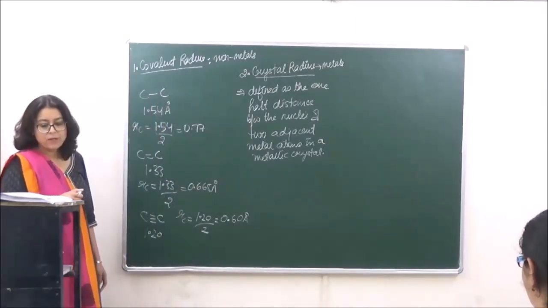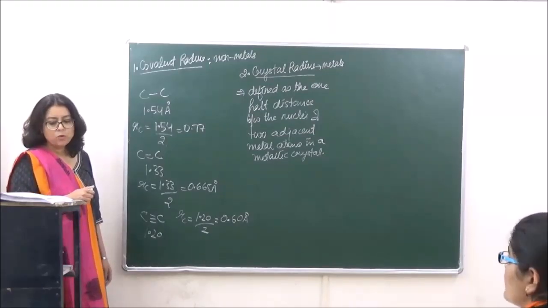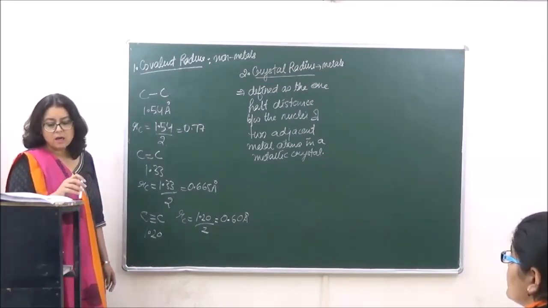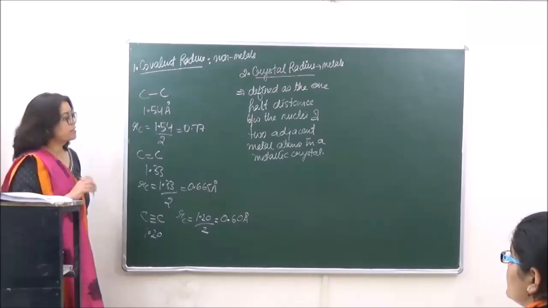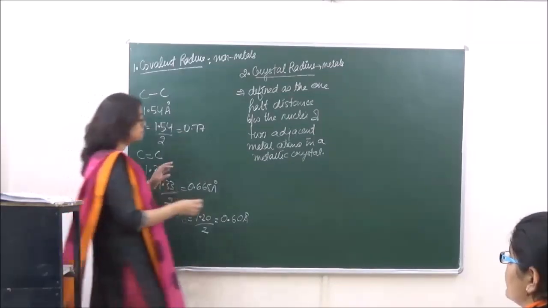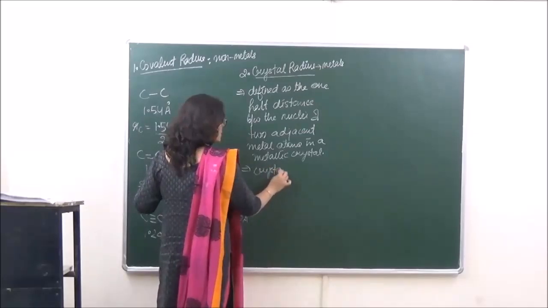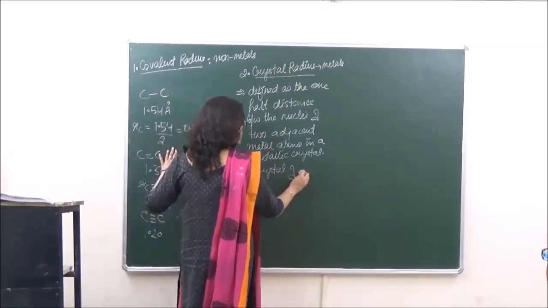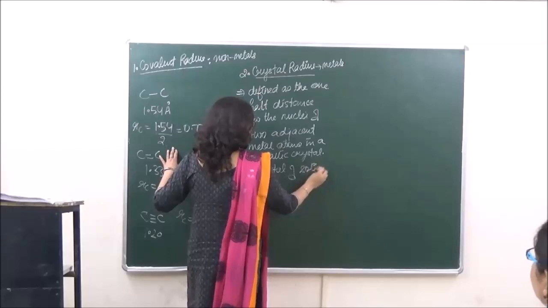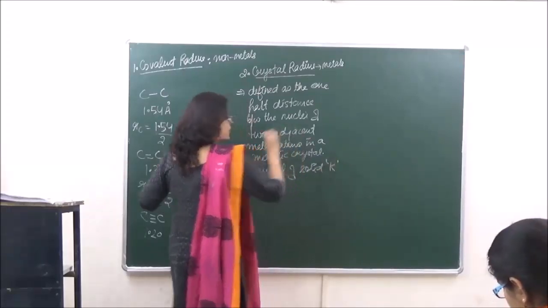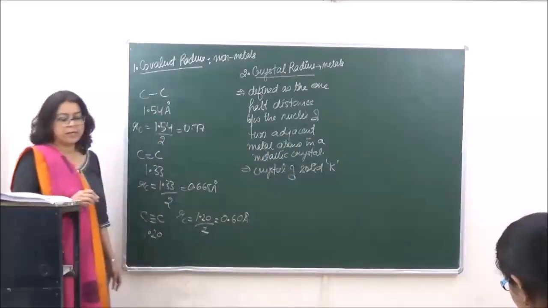Like for example, if we have a distance between two adjacent atoms of potassium in solid potassium, we are only having potassium. So what are we considering over here? We are considering a crystal of solid potassium.